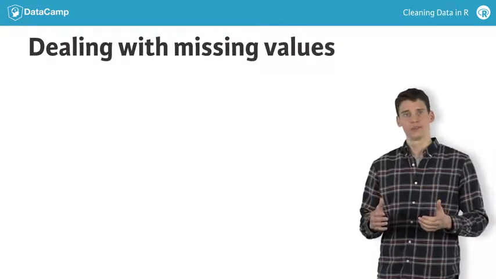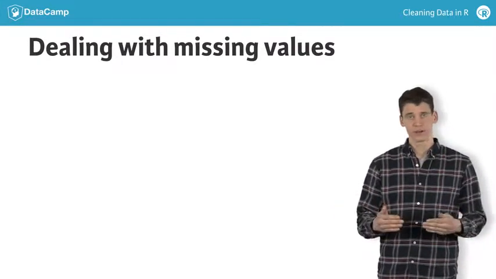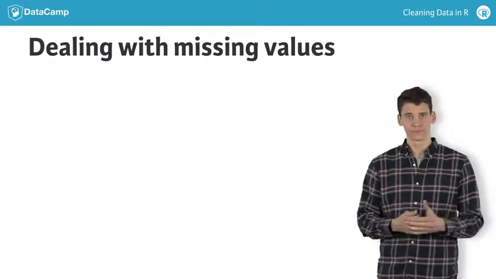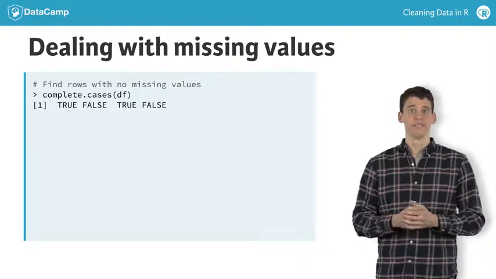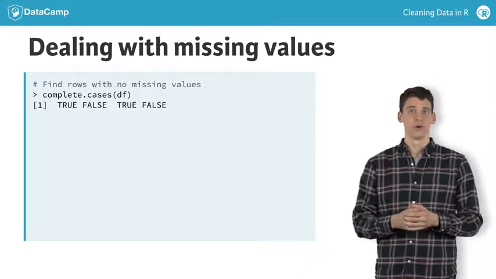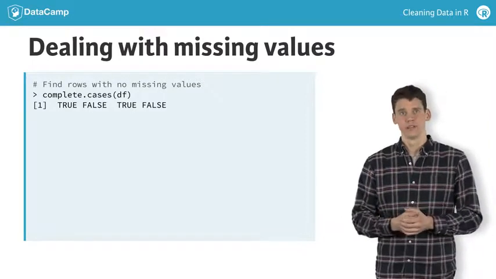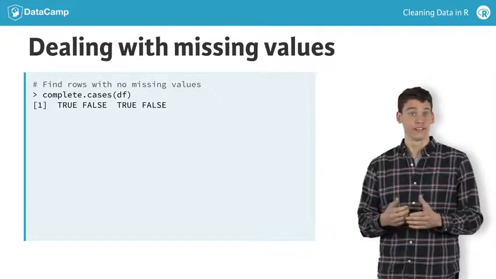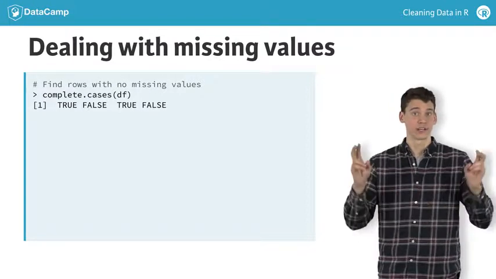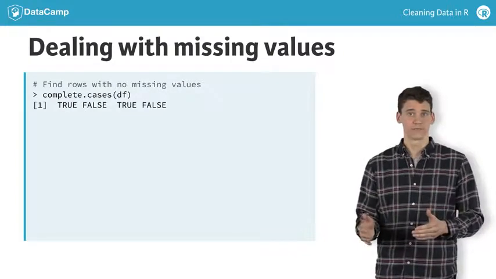If you have come to the decision that removing your missing data is appropriate, there are a couple of ways to go about it. The complete.cases function conveniently returns a vector with 1 element for each row of the data. It returns TRUE if there are no missing values in a row, that is, the observation is considered a complete case, and returns FALSE otherwise.